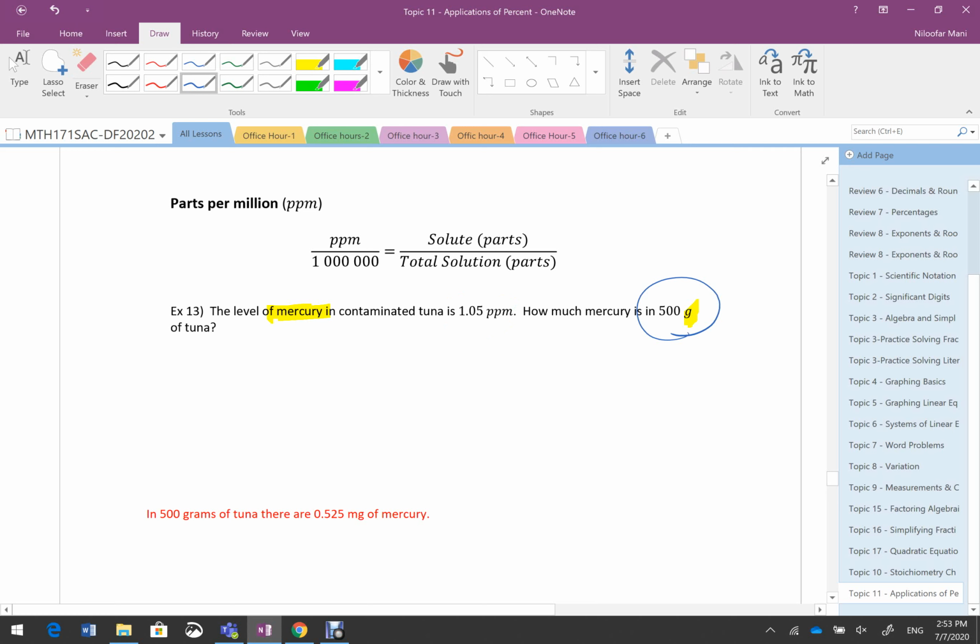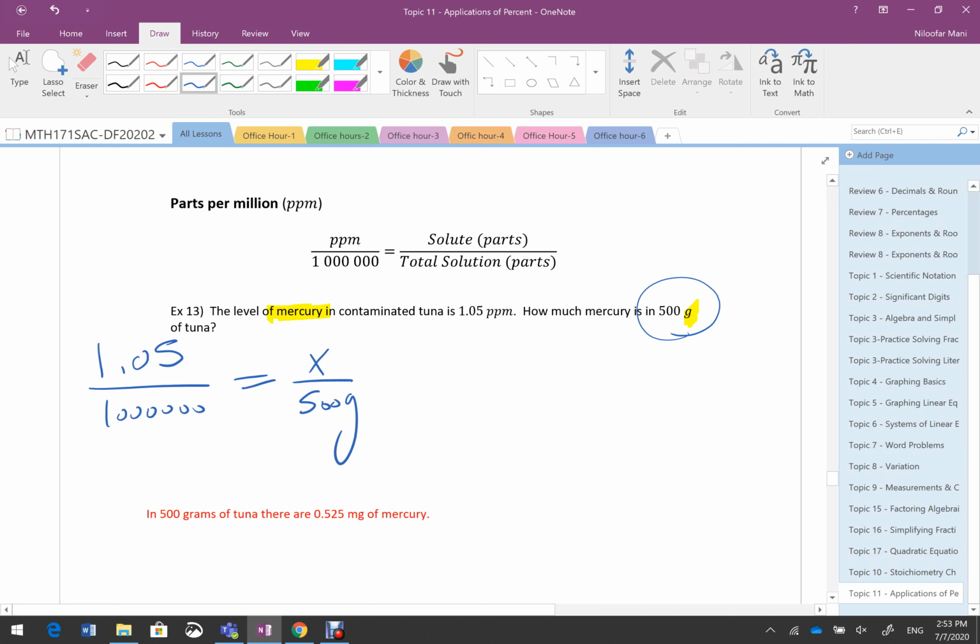So the level of mercury in contaminated tuna is this. How much mercury is in 500 gram tuna? 500 gram tuna is total. Okay, so 1.05 over 1 million, whatever, kilogram over kilogram or gram over gram. Here, gram over gram. I need to use that. Okay, so how much over 500 gram?